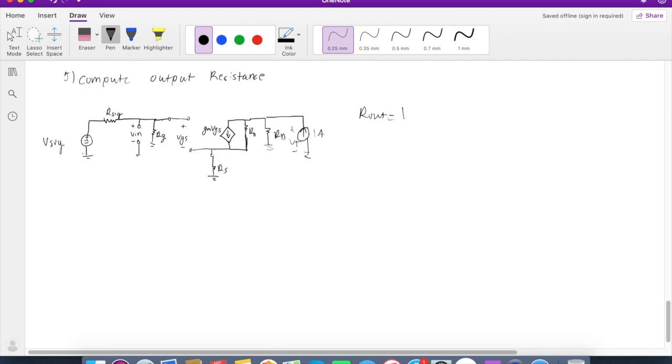So we have R out equals Vt. Now, really important to note, now that we added a DC source, we have to deactivate the AC source. So what we're left with is this R sig. And we can easily notice that R sig is now going to be in parallel with Rg.